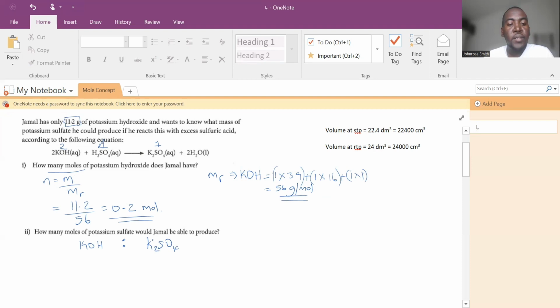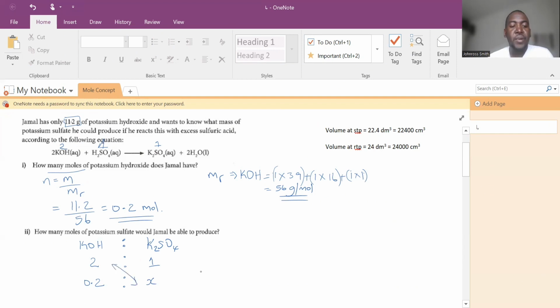Since we know that from the equation, it would have been 2 moles of KOH to give us 1 mole of K2SO4. But in this experiment, we use 0.2 moles of KOH, and we need to know how many moles of K2SO4 are produced. So from here, we do math.